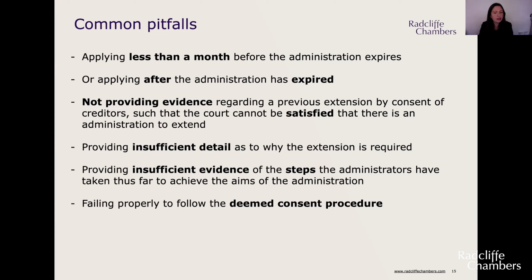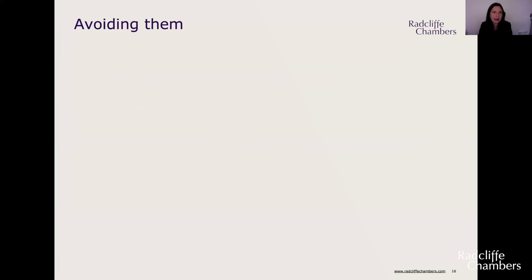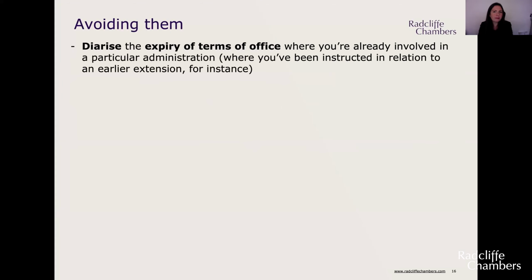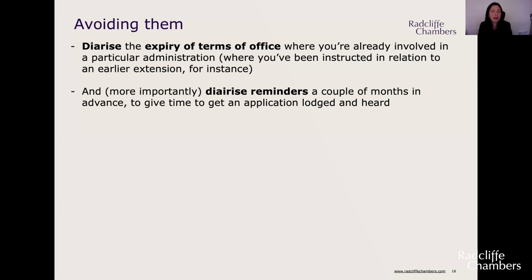Again, failing properly to follow the deemed consent procedure in relation to creditors' consents, worth making sure that you're following the right processes there. And then avoiding them. Diarizing, it's obvious, but particularly where you've already been instructed in relation to an earlier extension, so an extension obtained by creditor consent, put in your diary the expiry of the term of office, and put in your diary reminders 2 months before, because you've got to make the application a month before.